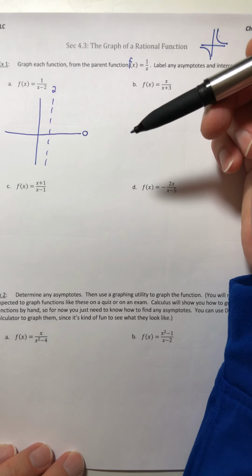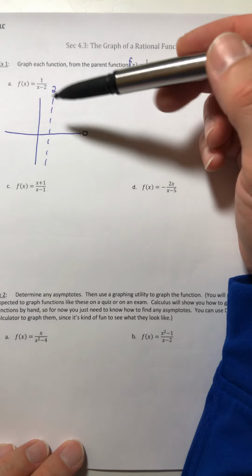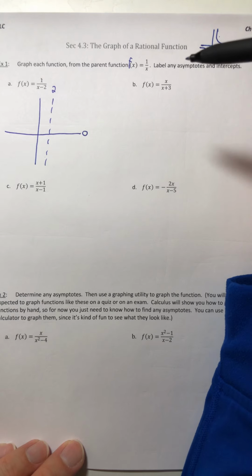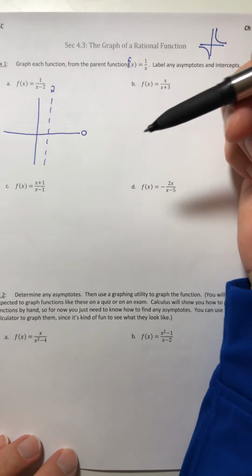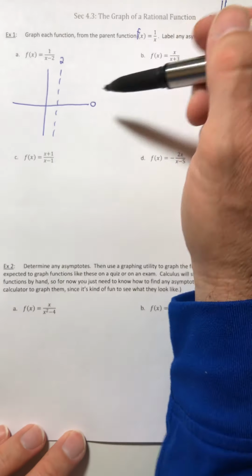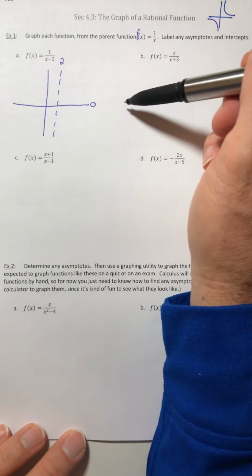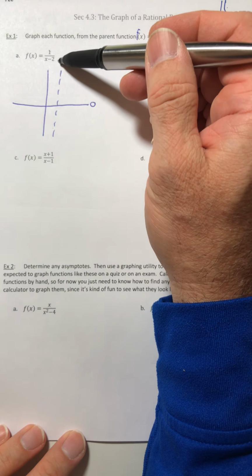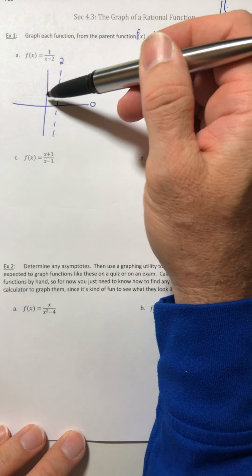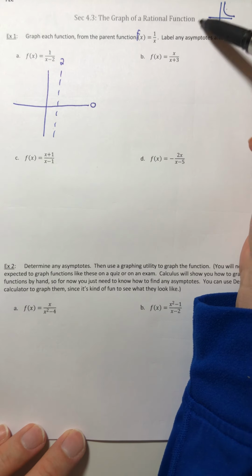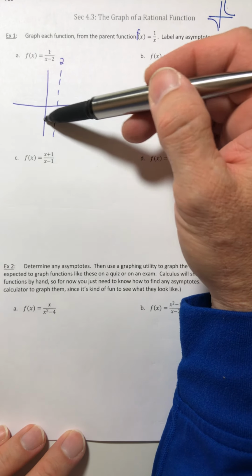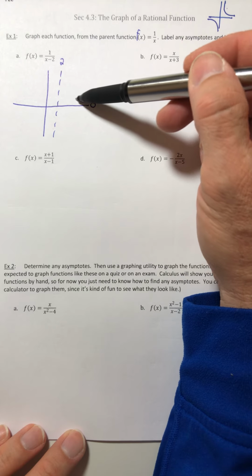To do that, a lot of times what helps is getting the y-intercept. The y-intercept anchors things down and tells you where everything else is going to fit. Because I need to find out if the curve is going to be up here, going this way, which means the second curve would be down there, or is it going to look like this? Is the curve down here and the second one above?